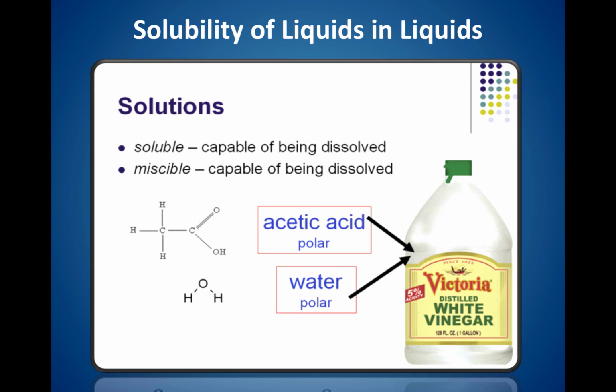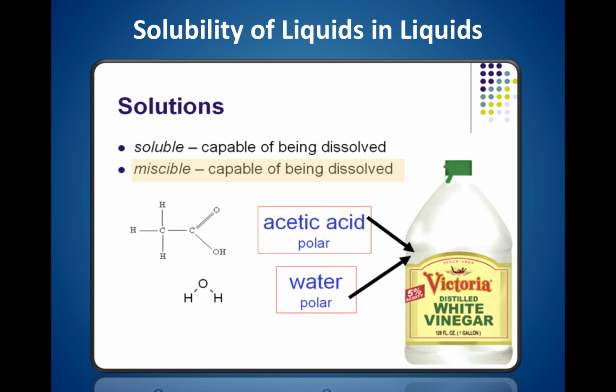In our previous video, we talked about the solubility of solids in liquids. Solutions can also be made up of liquids in other liquids. Two liquids that are soluble in one another are said to be miscible.